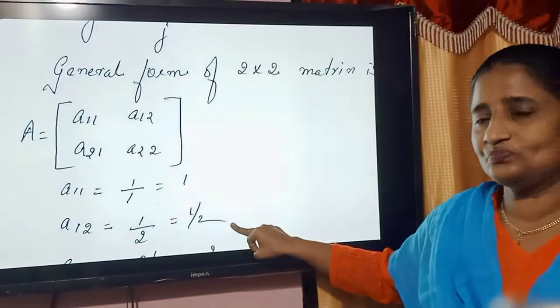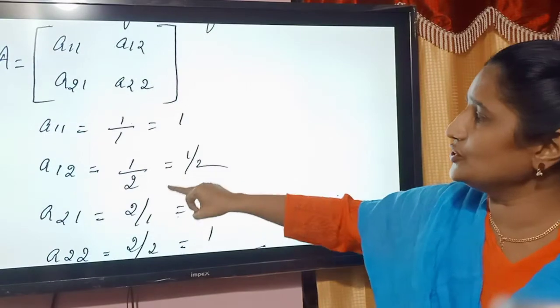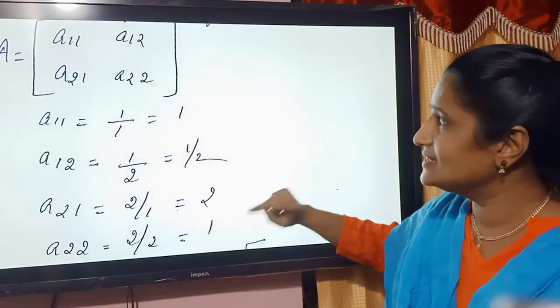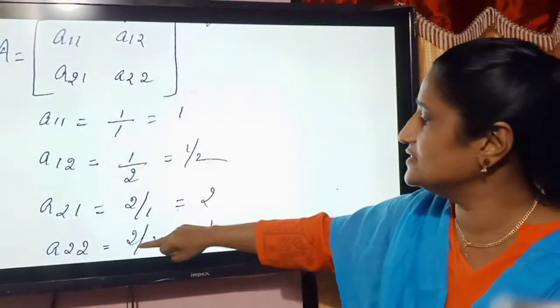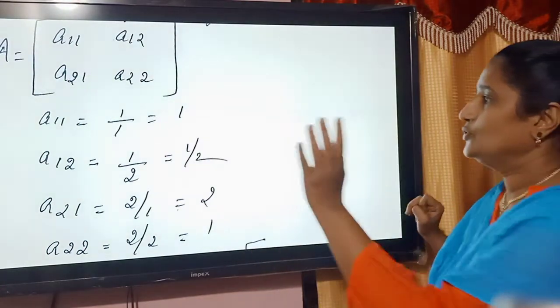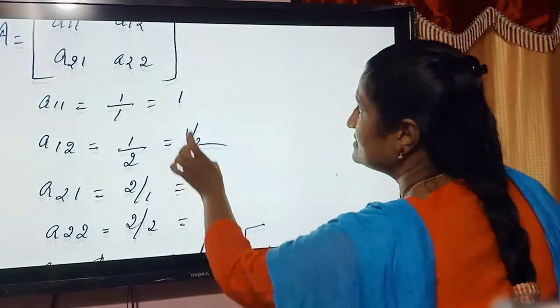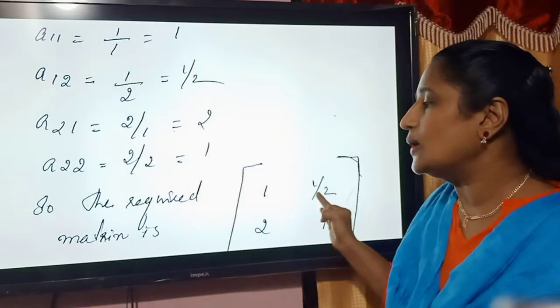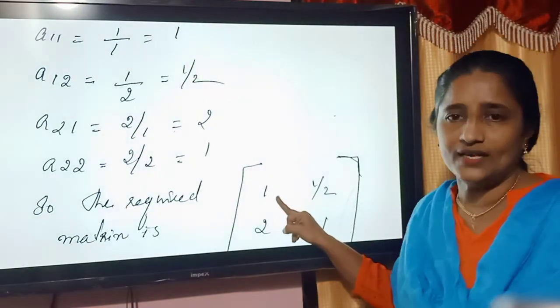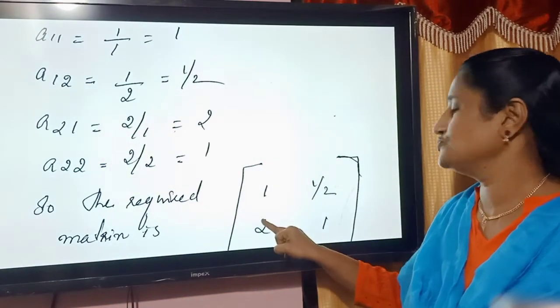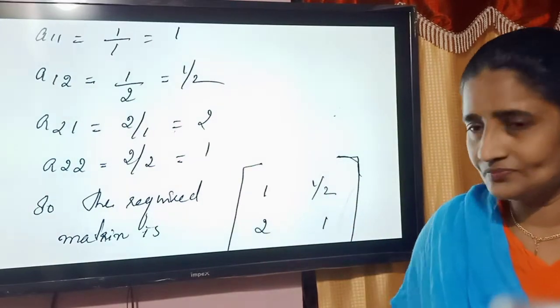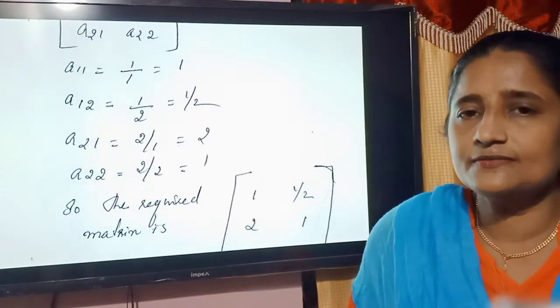It is 2. Now, how to find the fourth one? A22. i is 2, j is 2. That is 2 by 2, 1. Now, write all these elements in the matrix. So, the required matrix is 1, 1 by 2, 2, 1. Now, write the answer.